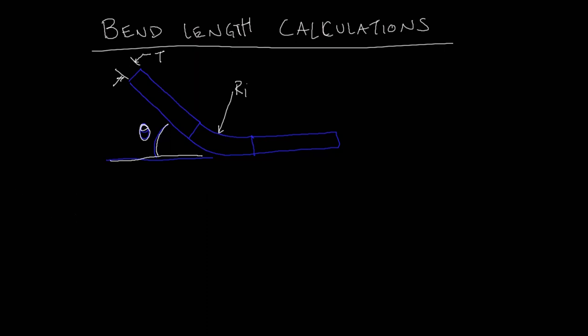So if we analyze this piece here, let's see what's going on in it. We're just magnifying this piece here. If we look at it on the outside, it's definitely in tension.